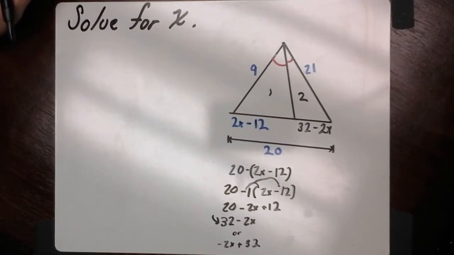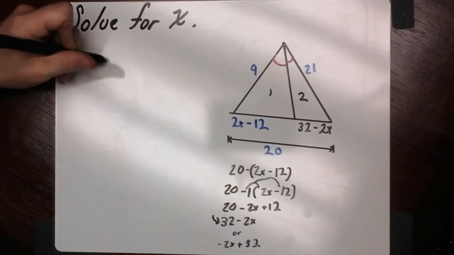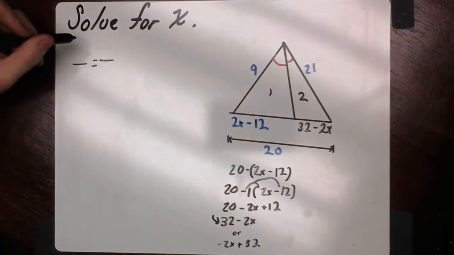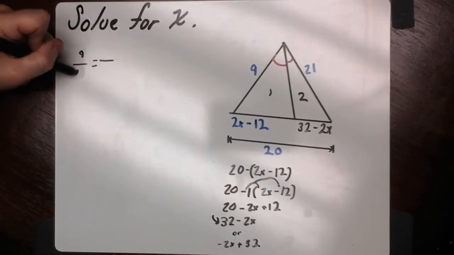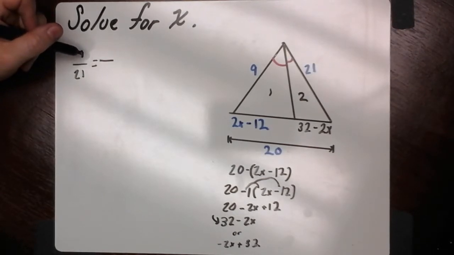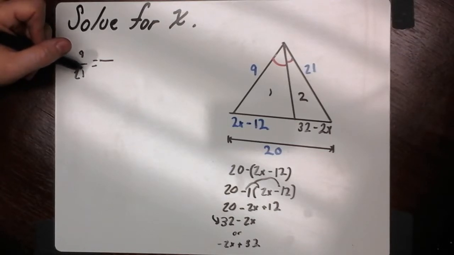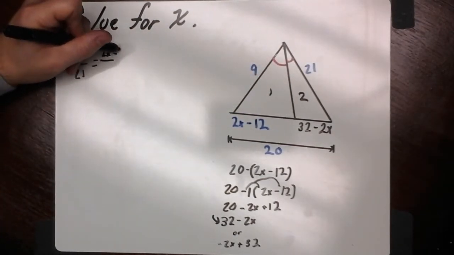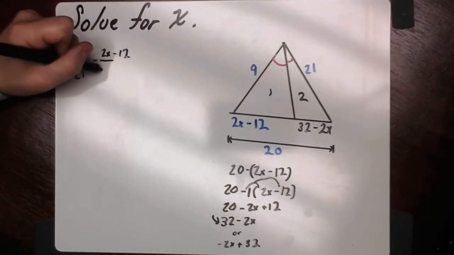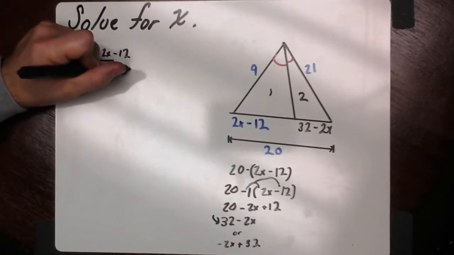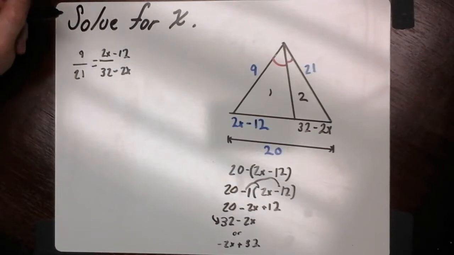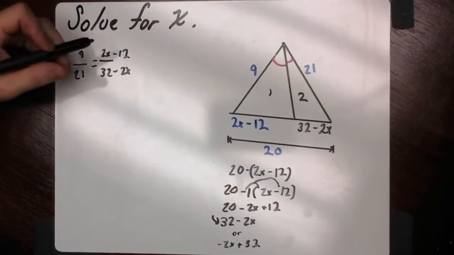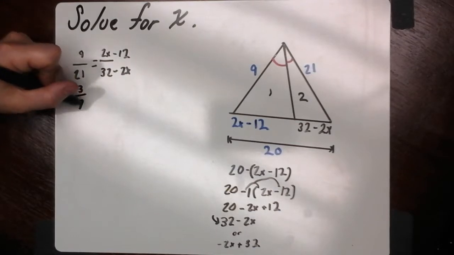So now, I'm going to set up my proportion. Well, once again, I step back and I notice that 9 over 21 reduces nicely. Again, you don't have to reduce, but I find that to be a whole lot easier to handle. So 9 over 21, 9 over 21, so I'm going to go 2x minus 12 to 32 minus 2x, which is the side we created. I'm going to reduce that to 3 over 7.